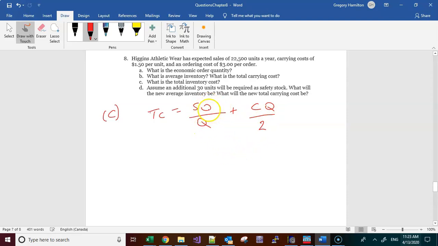So we know sales, we know our order cost, we know Q, right? And we know C.